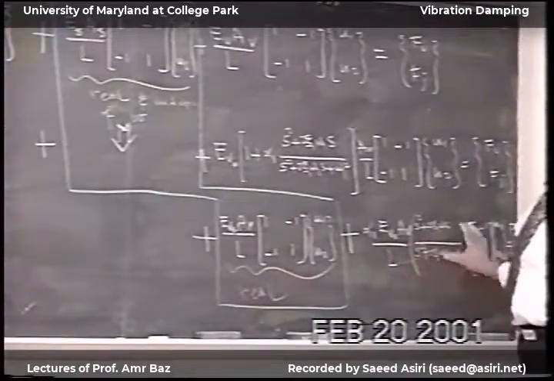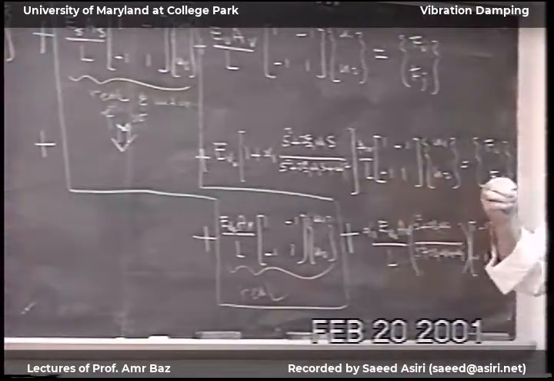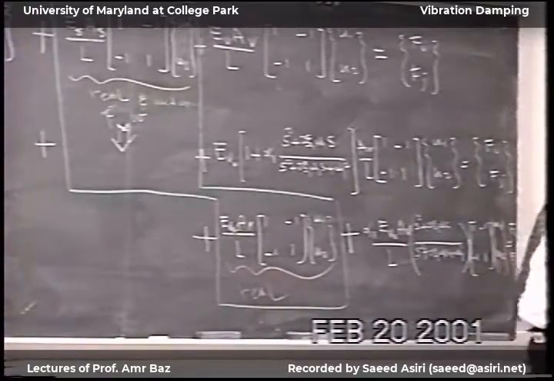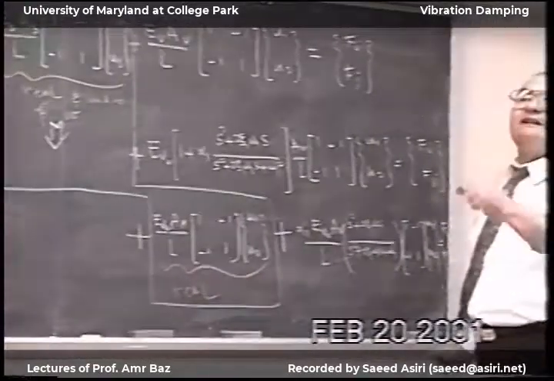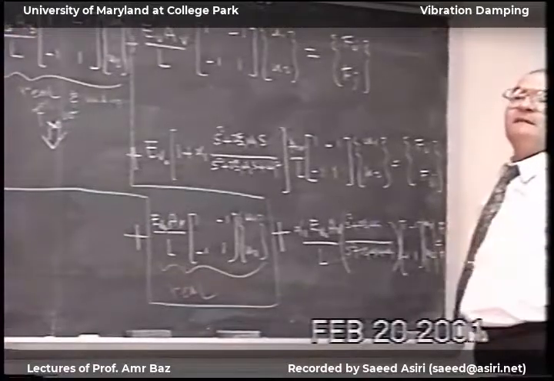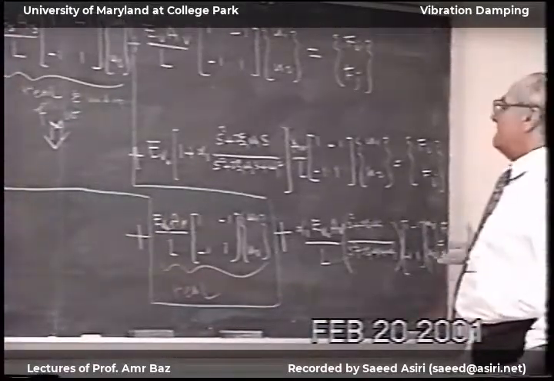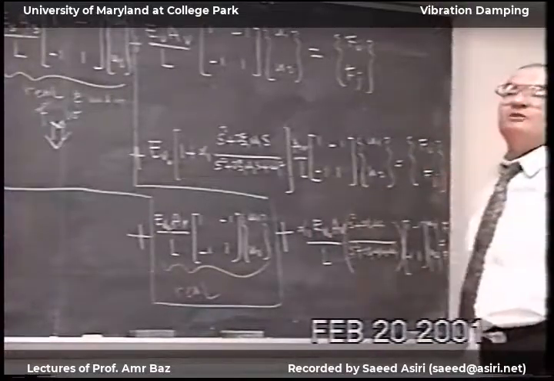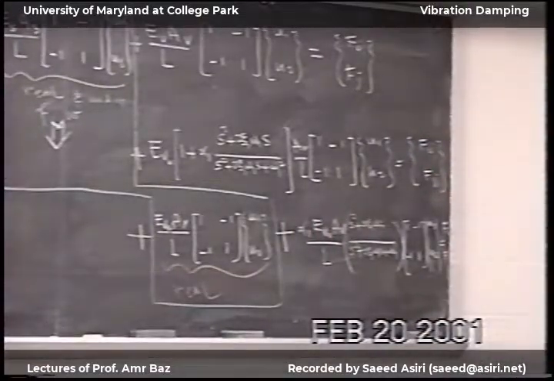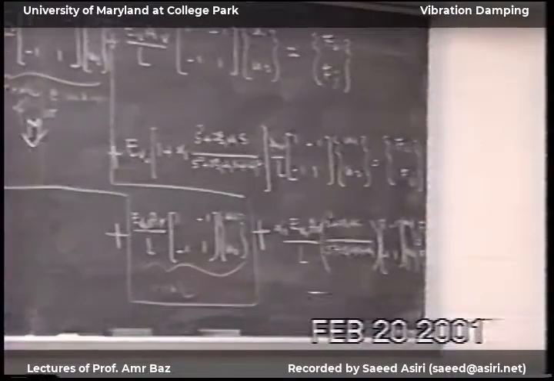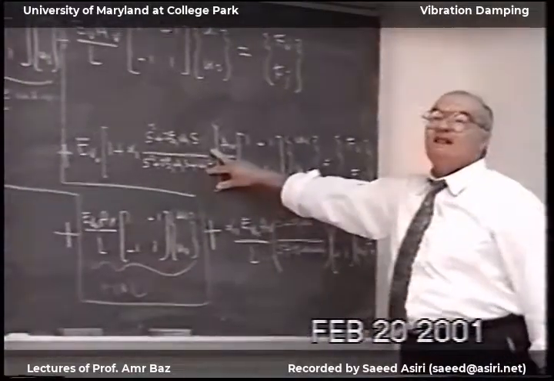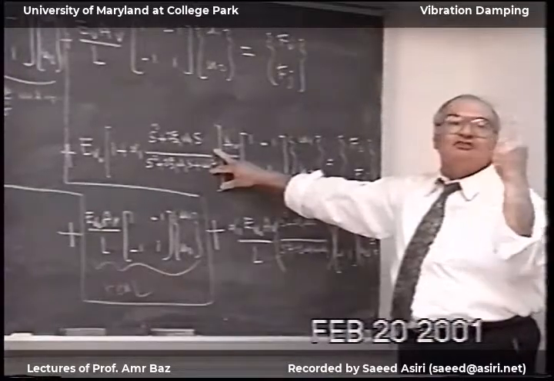For the last term, we'll do a coordinate transformation, add the internal degrees of freedom Z1 and Z2, for example, for the viscoelastic material, and then augment it with the structure and get the equation of motion. Now, we have to keep in mind, I did this with one mini oscillator.